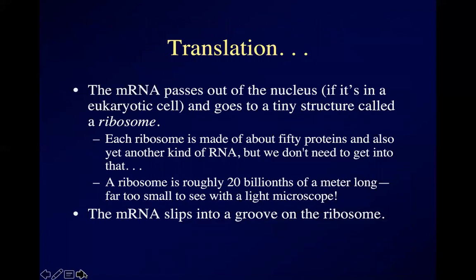The messenger RNA passes out of the nucleus and goes to a tiny structure called a ribosome. And messenger RNA slips into the groove on the ribosome. And in a way that I'm not going to get into yet, because we're going to pick this up when we get back from break, the ribosome, and by the way, there's many thousands of ribosomes in every cell, not just one, is where the messenger RNA's information is read and used to assemble amino acids in the right order.